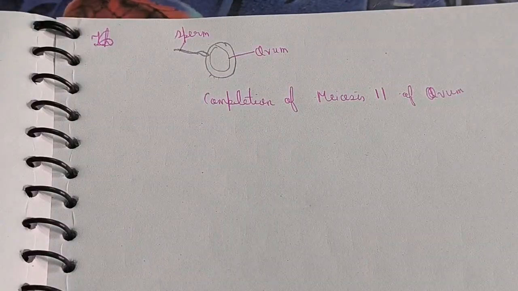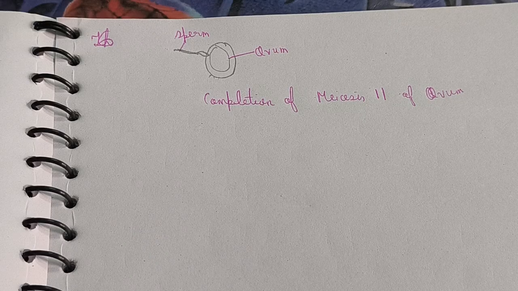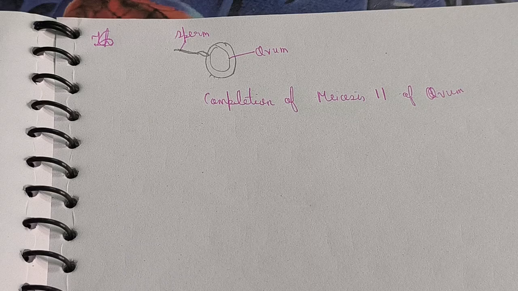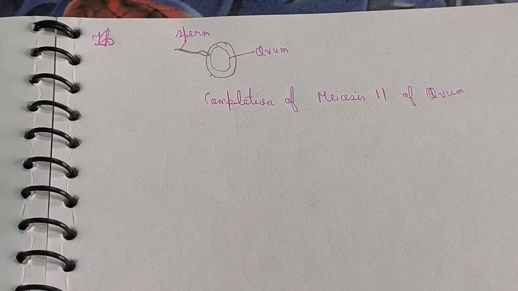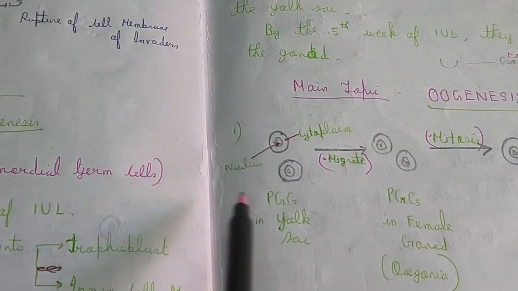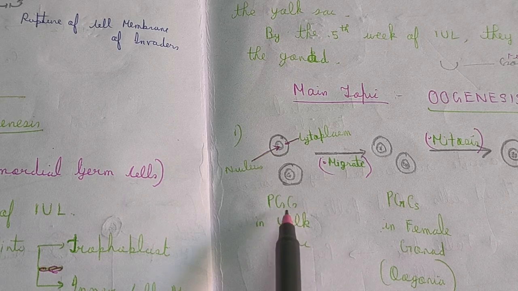Now I am going to write the definition of oogenesis. You will understand and you will get interested. Before writing the definition, first you should know the primordial germ cells.